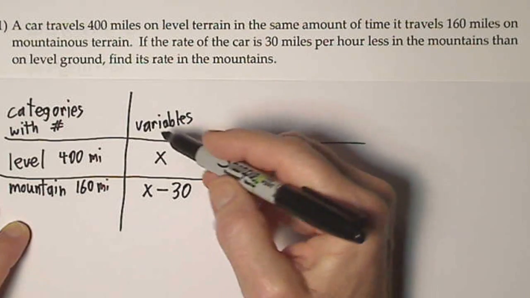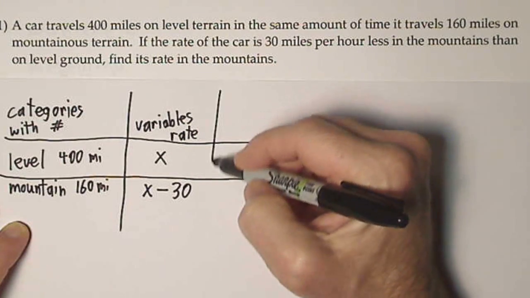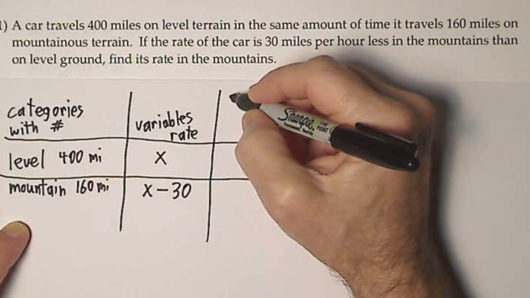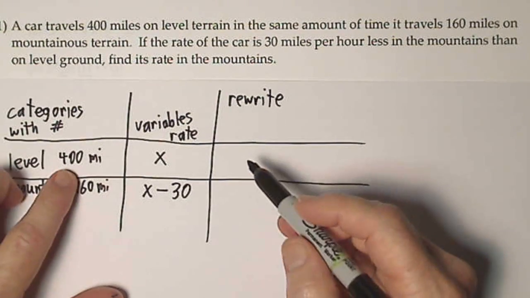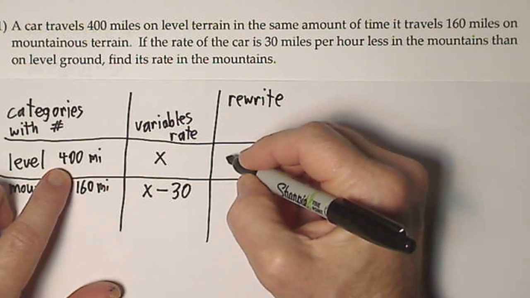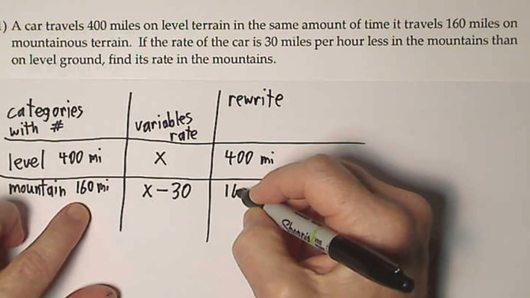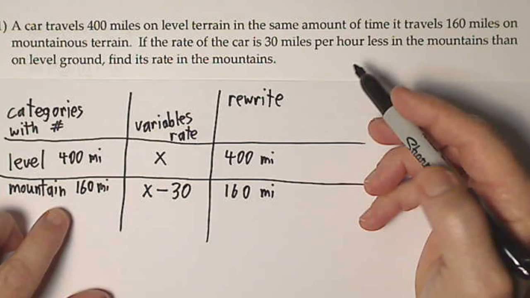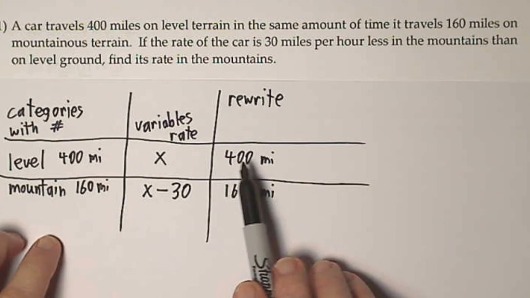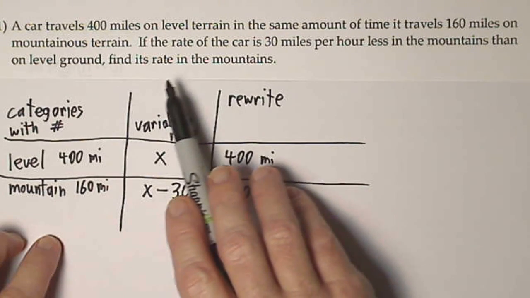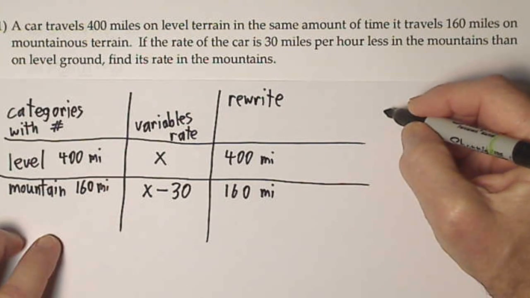So up here we have rate, and then off in here we would rewrite. And what do we have? Our distances. So this is 400 miles and 160 miles. At this point, hopefully you're realizing, okay, we have a rate, we have a distance, time is mentioned here. So you need to think of the formula.